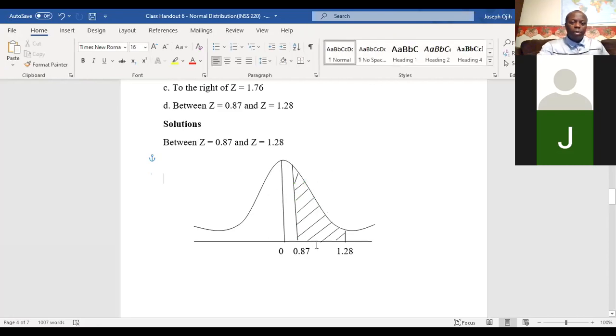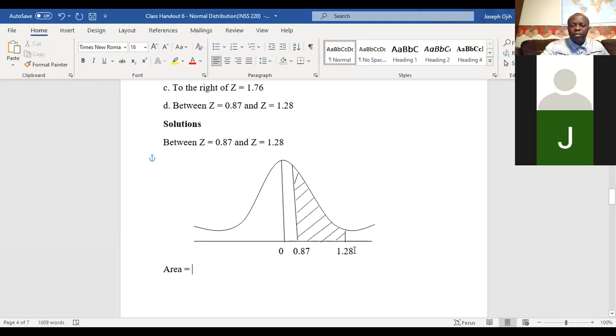So now, the area we're looking for is between this and that. So in that case, let's find the area. Now when it is between these two values of this type, what you do is to find the area for both of these two, and then subtract the smaller area from the larger area.